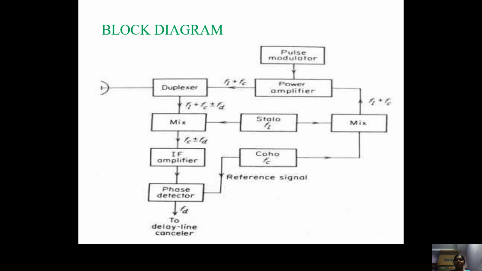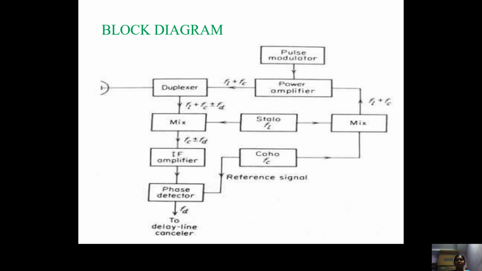Only the uncancelled value remains, which is the received echo signal coming from the moving targets, and this will be the output of mixer 2. So the mixer subtracts most of the amplitudes which are in common.